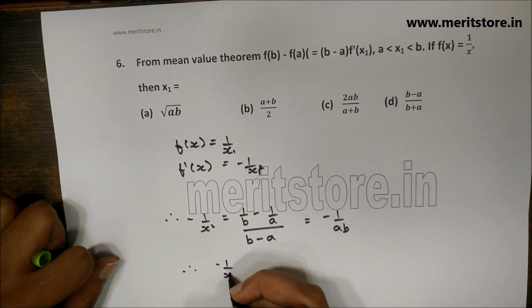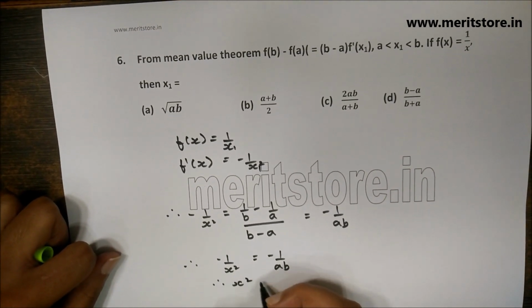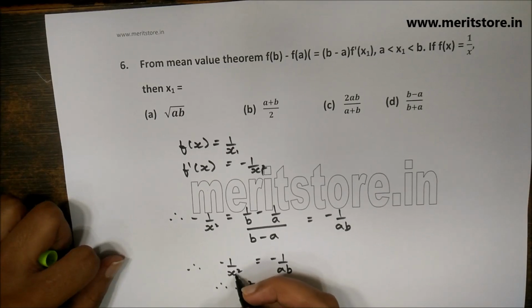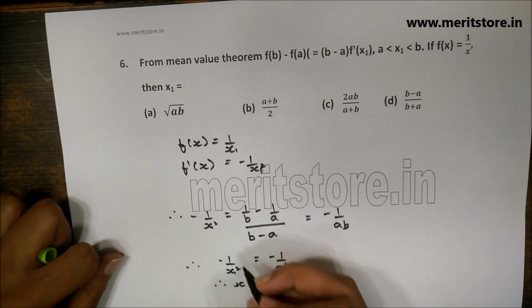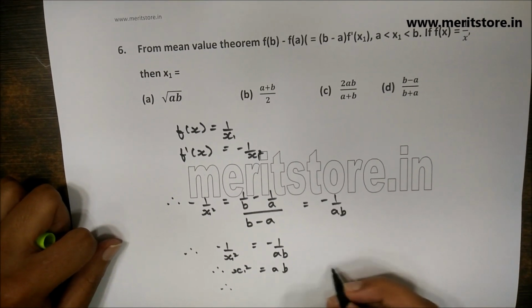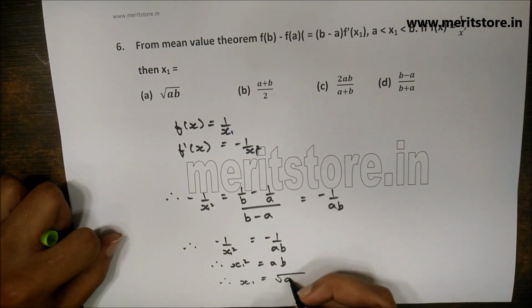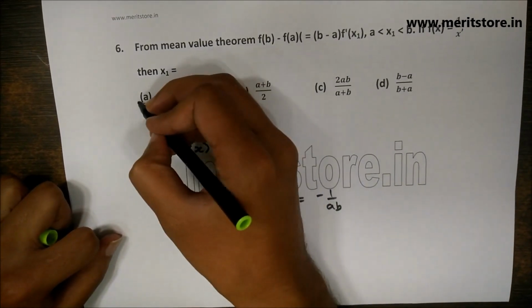Therefore, minus 1 upon x square is equal to minus 1 upon ab. So we can write this as x square equal to ab. Therefore, taking square root on both sides, we get x1 equal to root of ab. Option A is the correct option.